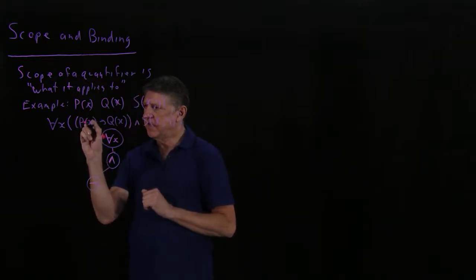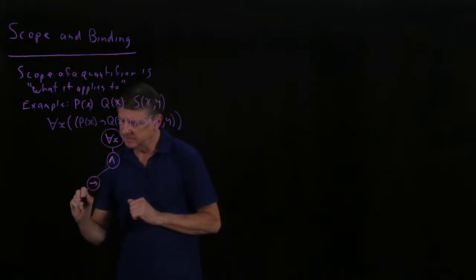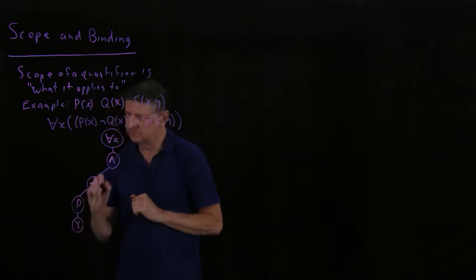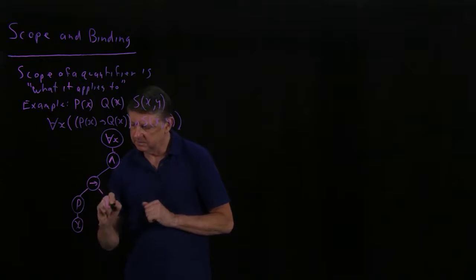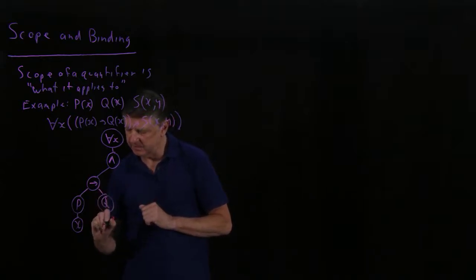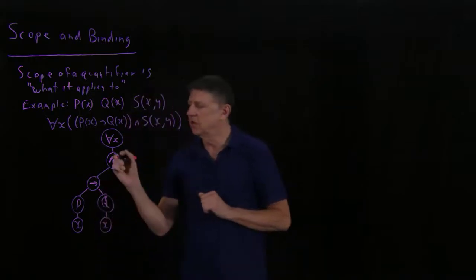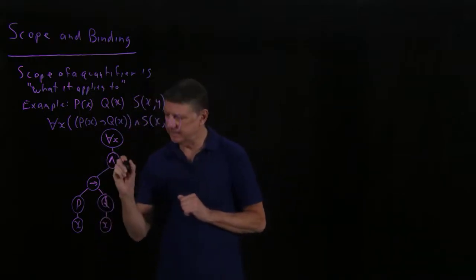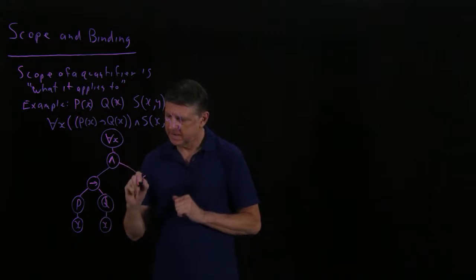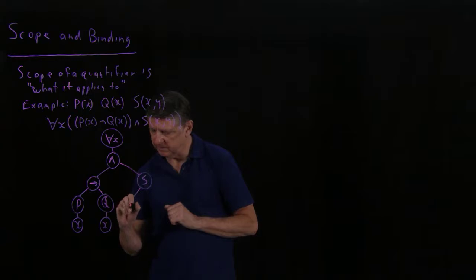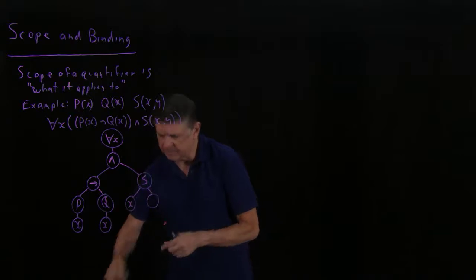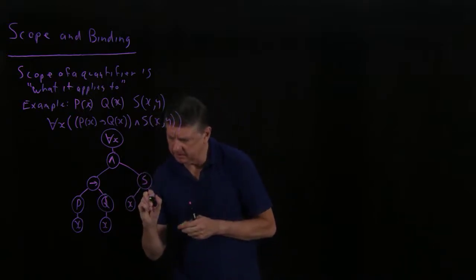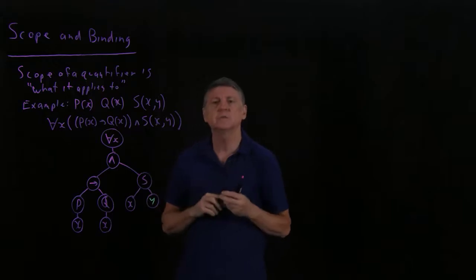The antecedent is a predicate, and underneath that is the variable x. The consequent is a predicate, and underneath that is the variable x. The right conjunct is a predicate, and underneath that are its two variables. Let's write this variable in a different color because there's something special about it.